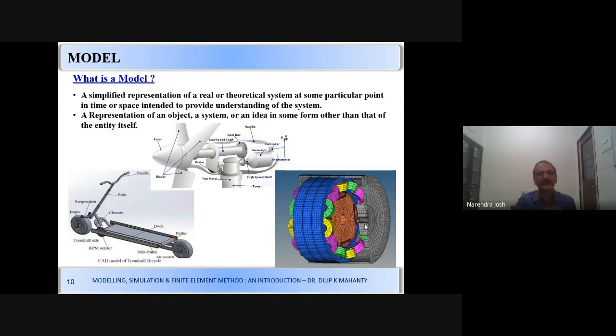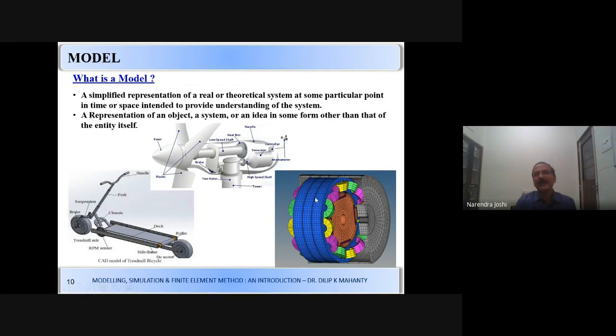I have given some examples. Bottom left is a CAD model of a treadmill bicycle. In reality it looks much different, but to understand it we build a simplified geometric CAD model and see how each component interacts with the others for carrying load, giving speed, and operating without failure. The middle top is a wind turbine, showing how the whole thing is connected and how the parts interact to give the desired output.